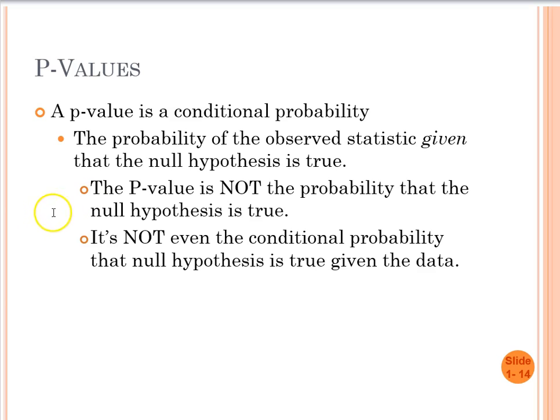So oftentimes in the medical field or even scientists will misinterpret what a p-value actually is. And this is because conditional probabilities are easy to switch around. But again, we're assuming that our null hypothesis is true, so that's what's given to us. And then we're looking at how unusual, how unlikely we would see the statistic that we do.